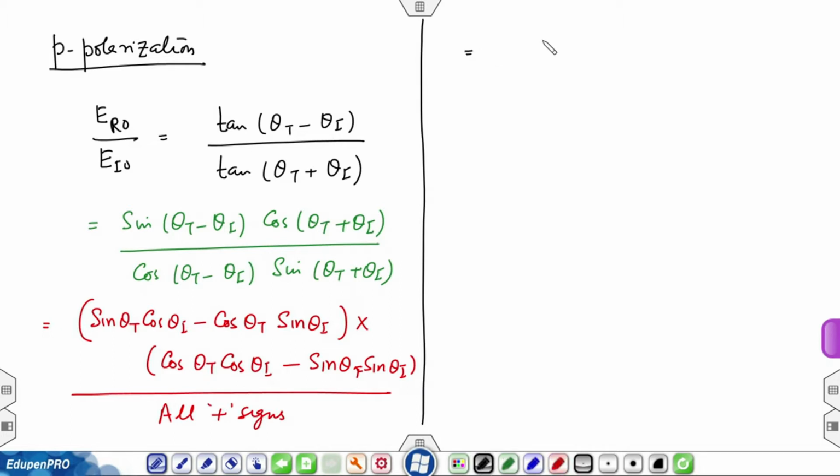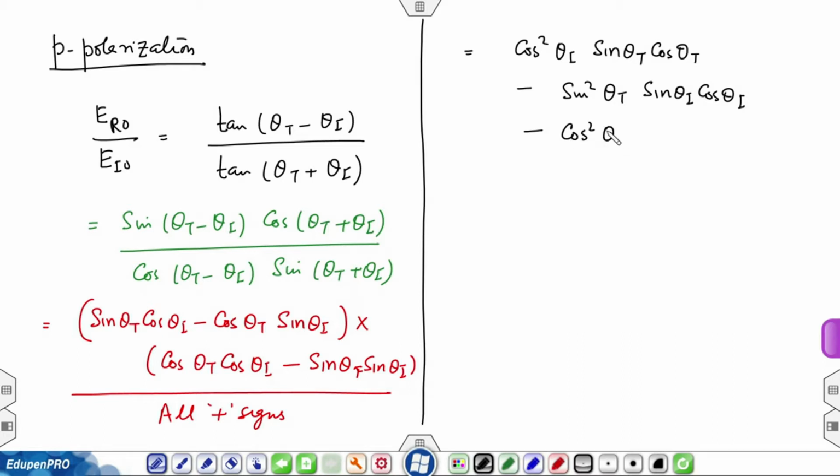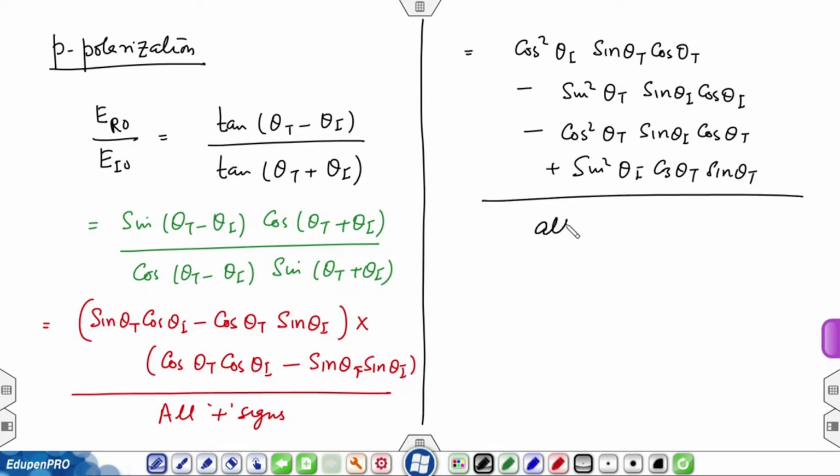This then is equal to cosine square theta I sine theta t cosine theta t minus sine square theta t sine theta I cosine theta I, I am actually going the other way from the derivation that I did last time, minus cosine square theta t sine theta I cosine theta I plus sine square theta I cosine theta t sine theta t, divided by all plus signs. Now, this, as I said, is going back to what I did last time.